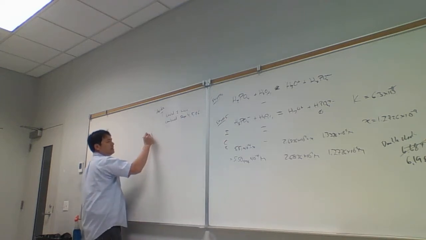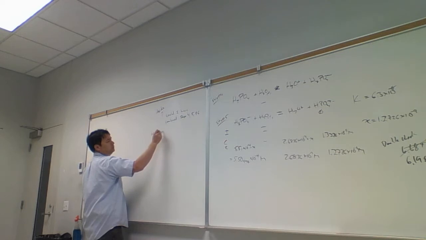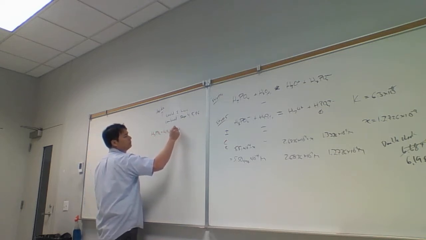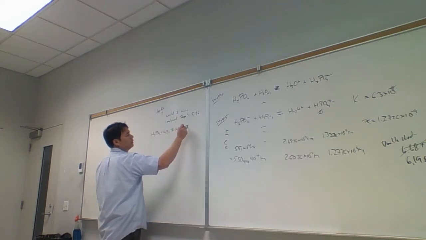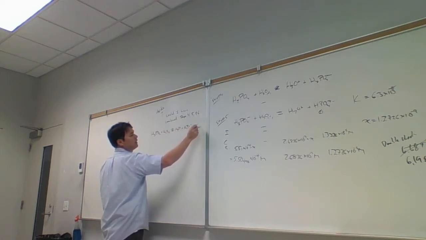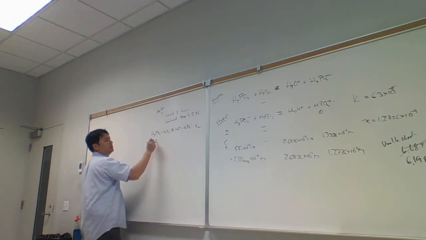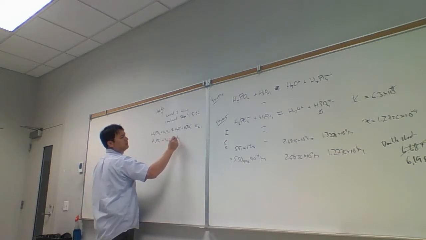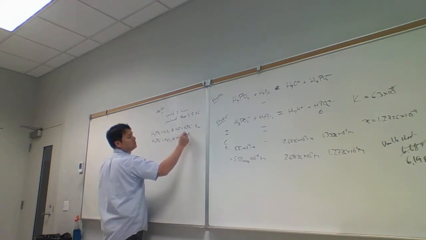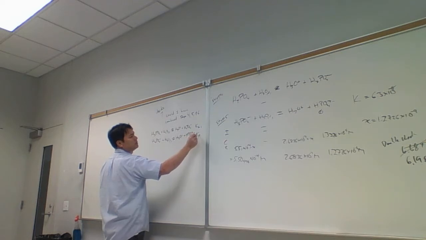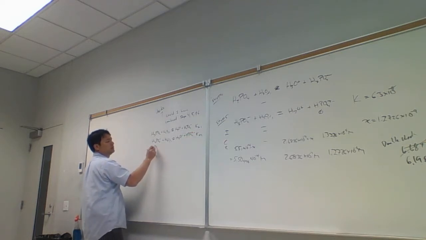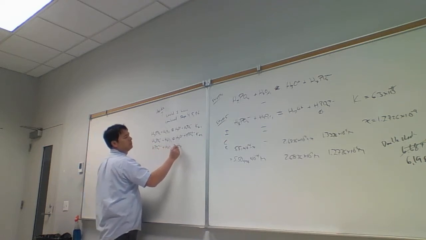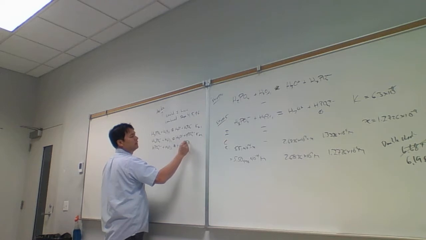Okay, what I'm talking about is this. If I take H3PO4 plus water, this is going to give me hydronium, and this would be Ka1. And then H2PO4 minus plus H2O liquid gives us hydronium and HPO4 2 minus, this is Ka2. And then Ka3 would just be HPO4 2 minus plus water liquid gives us hydronium and phosphate.